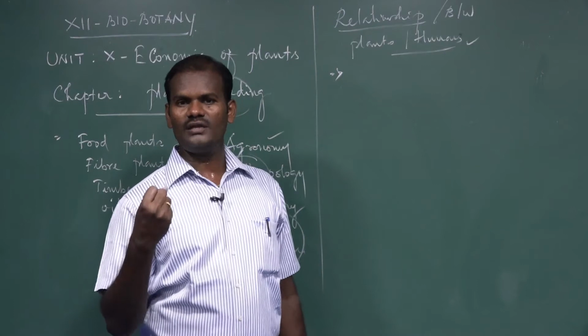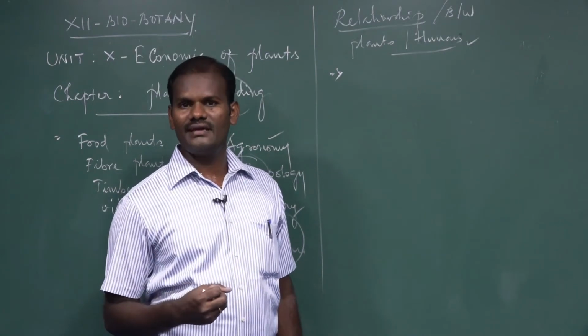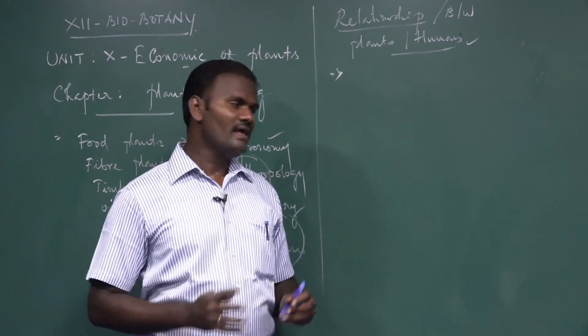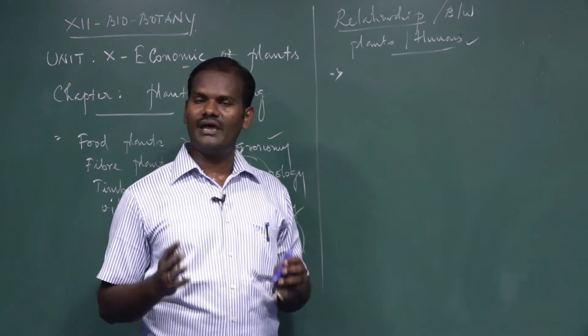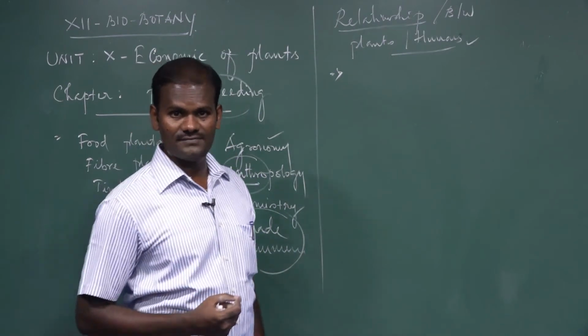How did they acquire this sound knowledge about medicinal value? By trial and error. Similarly, food varieties were also selected by our ancestors in different parts of the world. These are the major relationships.